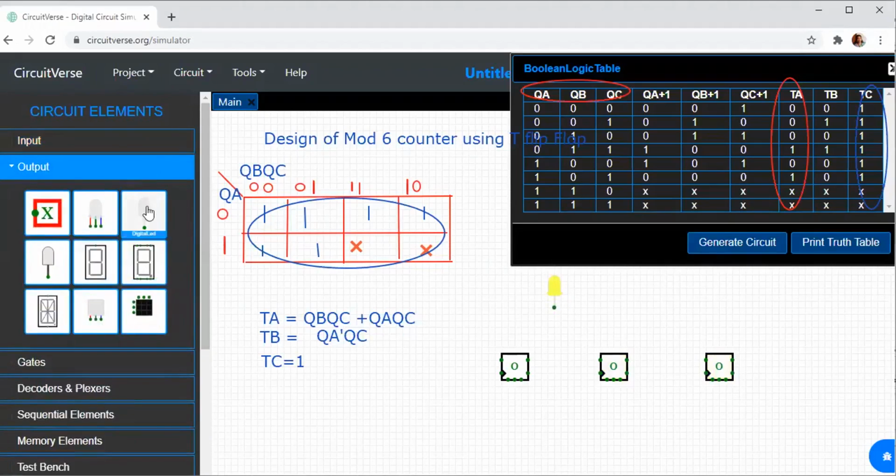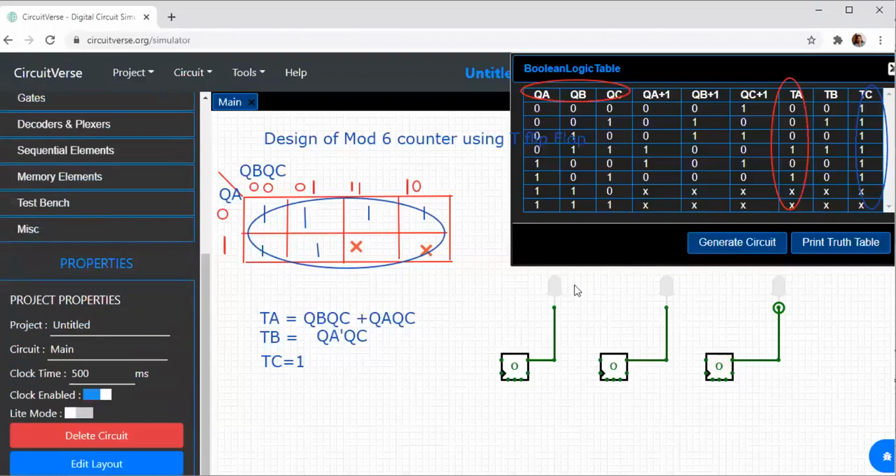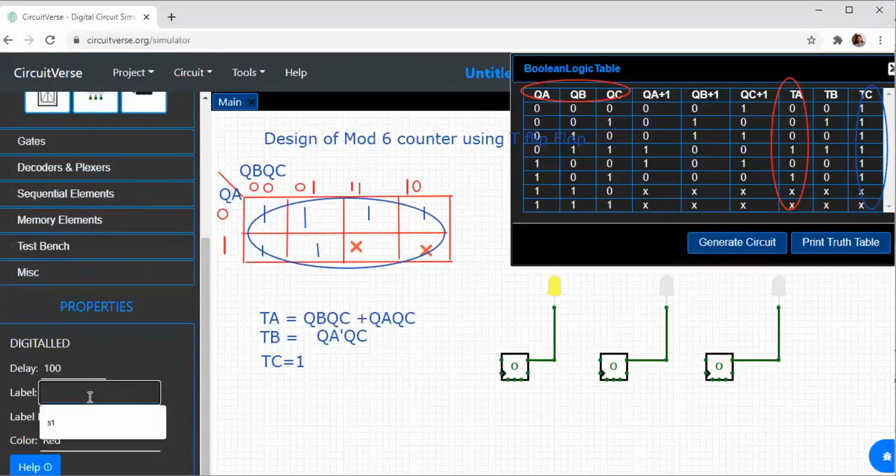This is QA, this is QB, and this is QC. So I have QA, QB, and QC. This one will be QA bar, QB bar, and QC bar. So let me write it as QA.